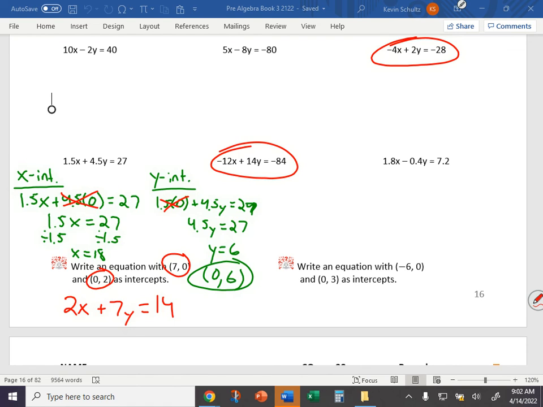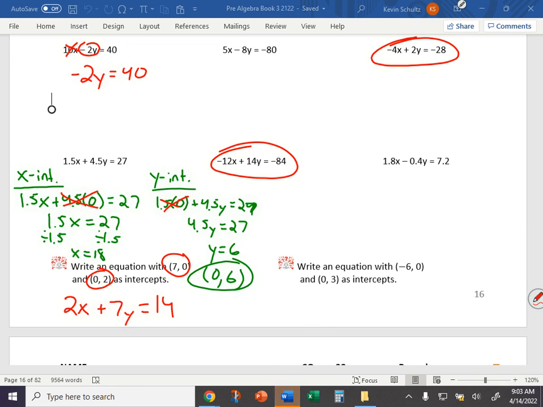So if you're solving for the x-intercept and make y 0, then this term cancels out, and you'd be left with 10x equals 40. So no negative. It will be a negative when you solve for the y-intercept, because when you solve for the y-intercept, which means you set x equal to 0, this term will cancel out, but you still have that negative sign with the 2y. So solving for the y-intercept, you will have negative 2y equals 40. Okay?